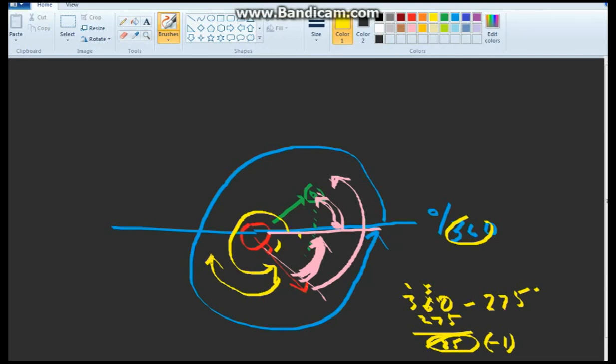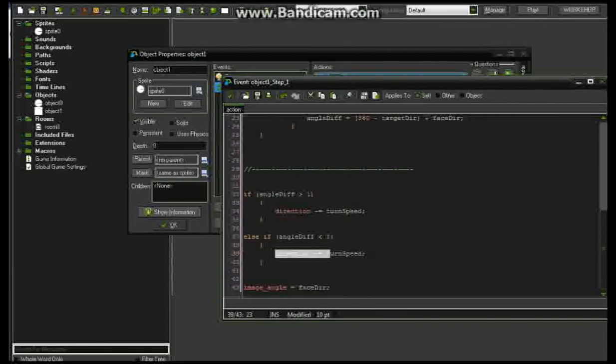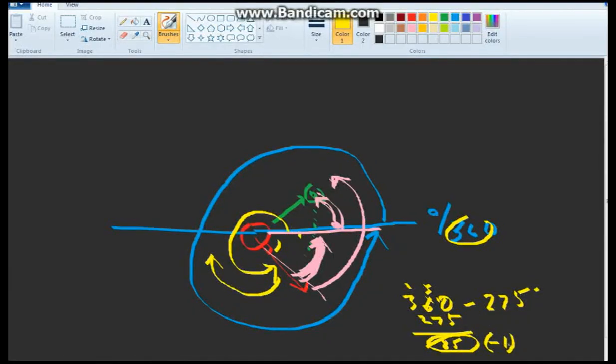And what that does is it completely flips this over, so now we're back over here. If it's a negative number, then we add to our direction. And that's what's happening with this -1. That's why we're multiplying it. Otherwise, if we get a positive number, we're going to rotate this way. If we get a negative number, we're going to rotate this way. So that's why we turn our 85 into a negative number so that we continue turning this way.